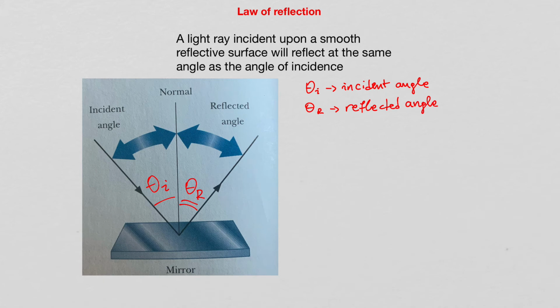And so then, in those terms, the law of reflection simply states that theta sub I is equal to theta sub R.